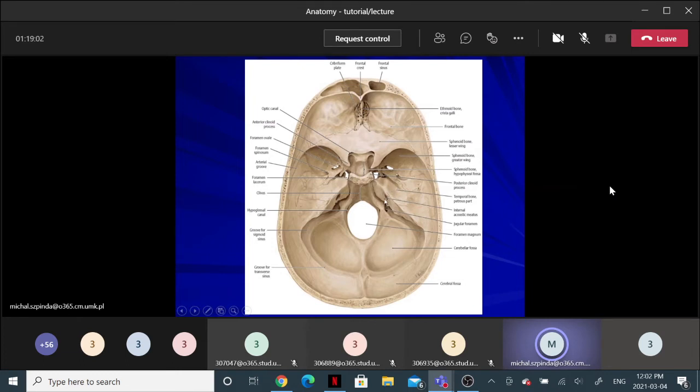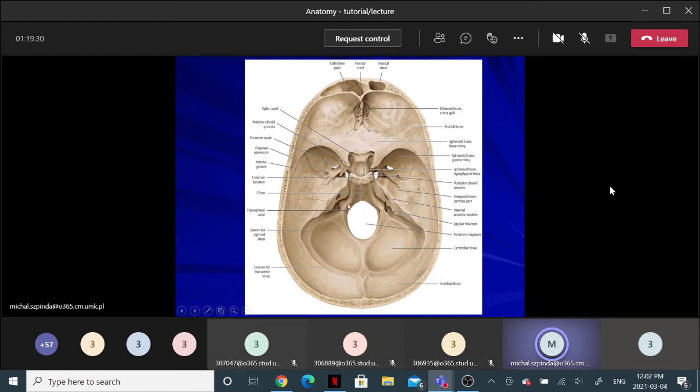Because of this, through the facial canal, the posterior cranial fossa communicates with the middle cranial fossa, and passing with the whole course of the facial canal, it will exit the stylomastoid foramen on the external cranial base.